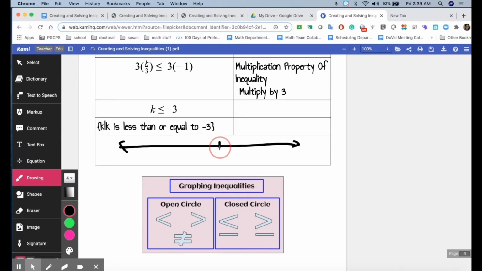So at negative 3, we'll have a closed circle and the solutions will be all numbers that are less than negative 3. So it will be from negative 3 all the way to the left. And this is now our graph of the solution of this inequality.